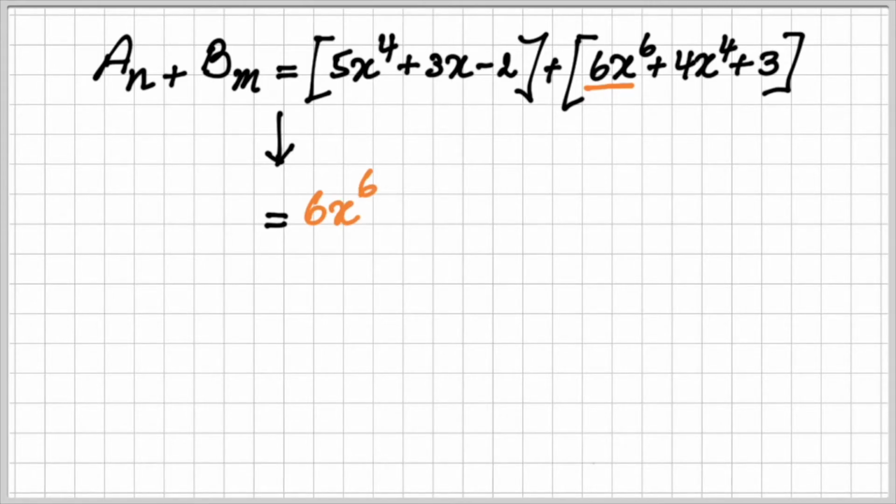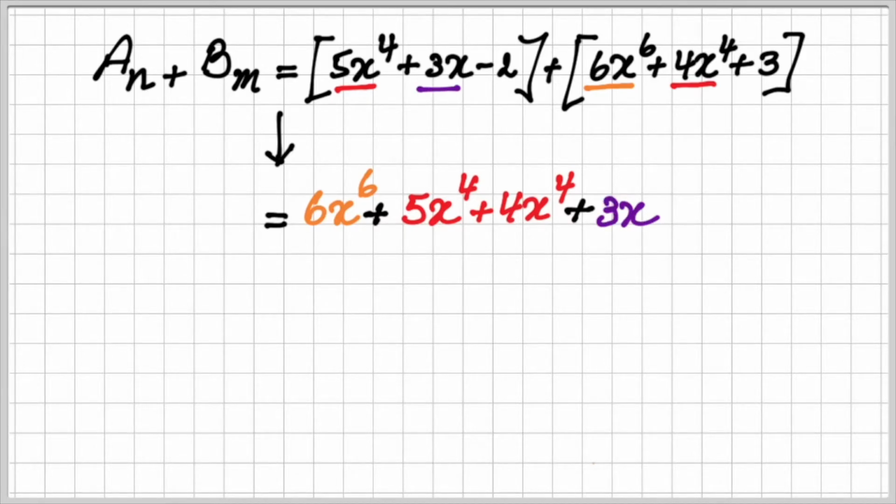We start with the term with the highest power. In this case it is 6x to the power 6, and there is no other term to the sixth power. So now we continue with the next highest terms, which are the terms in x to the power 4. We have 5x to the power 4 and 4x to the power 4.